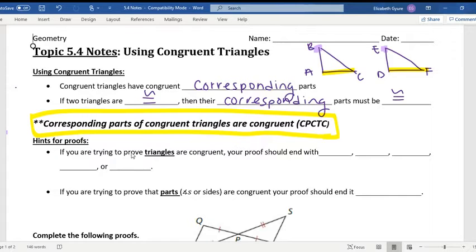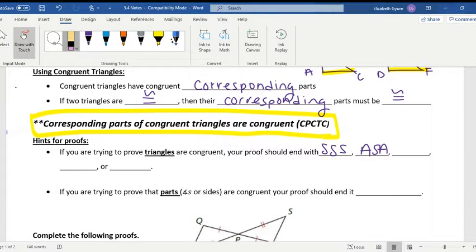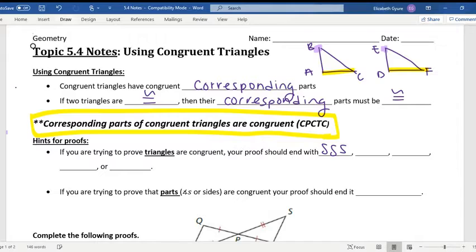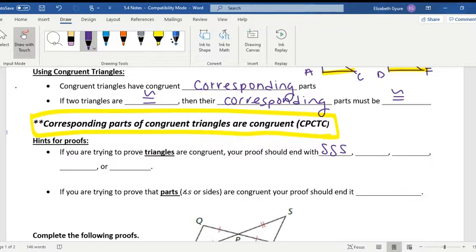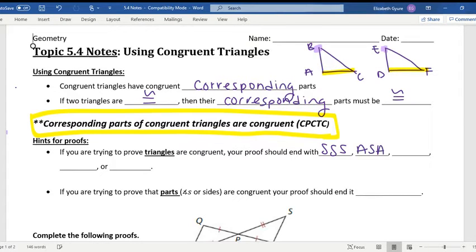So remember, if you were trying to prove that triangles are congruent, your proof should end in one of those theorems. Like, for example, side, side, side. What was another one of those theorems? Angle, side, angle. Good. What's another one? Which one did you say, Gannon?